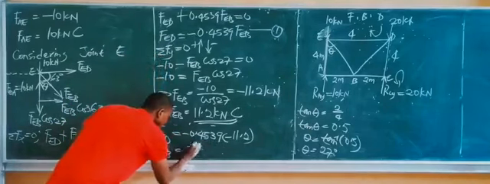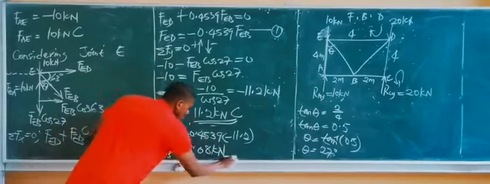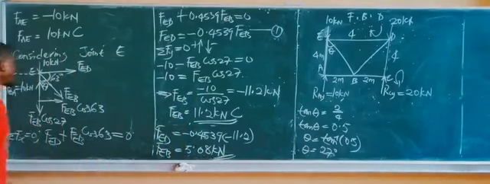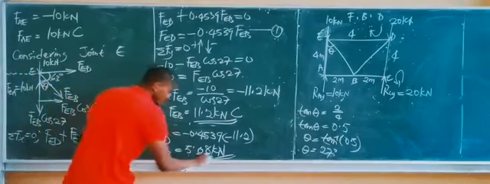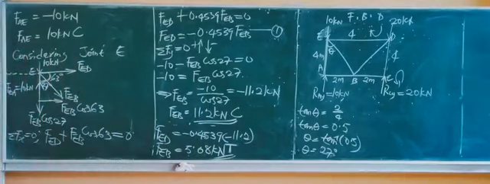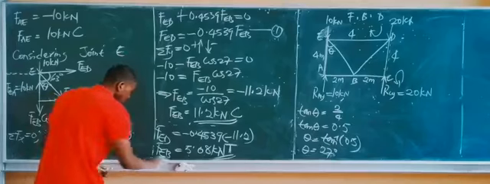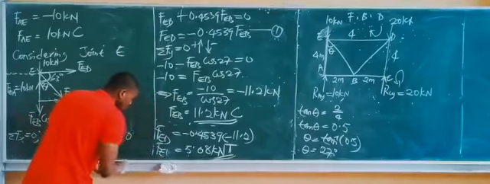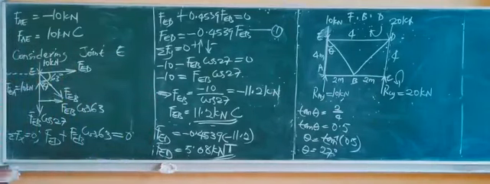This gives you 5.08 kilonewtons. So we assumed tension and we also obtained tension. We said let the force from joint A relative to D be pulling out. We assumed tension and also obtained tension, positive. So it means the direction assumed was correct. So that becomes the force at joint E relative to joint B.